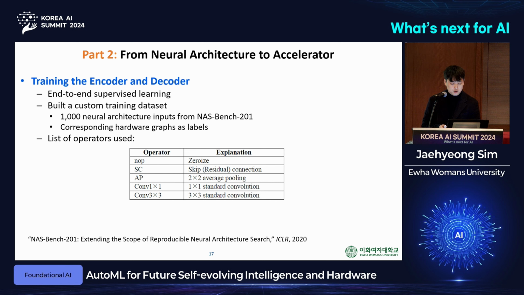This required a huge, tedious engineering process, but we hand-labeled all these hardware architecture inputs. And these are the operators supported in this framework: no operation, skip connection, average pooling, 1x1 convolution, and 3x3 convolution.